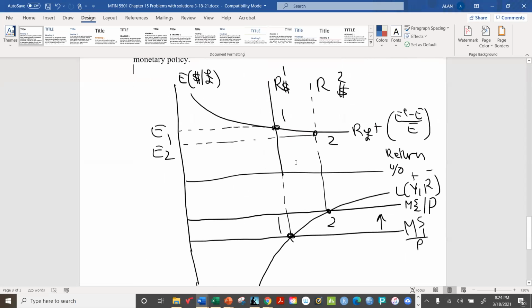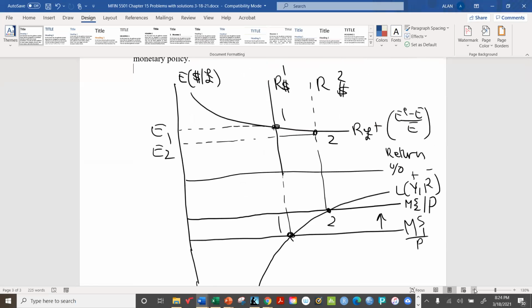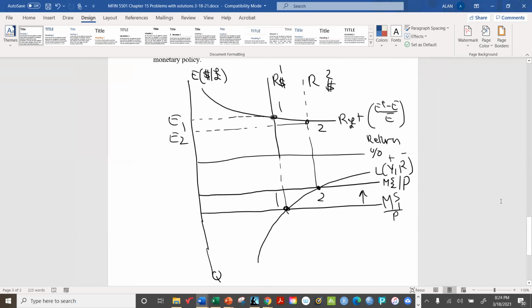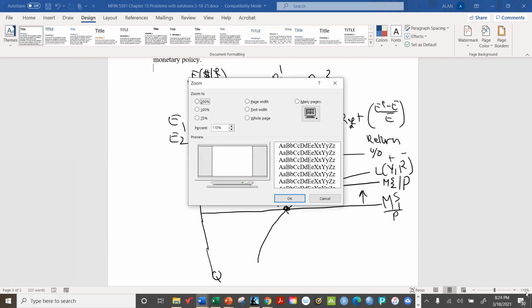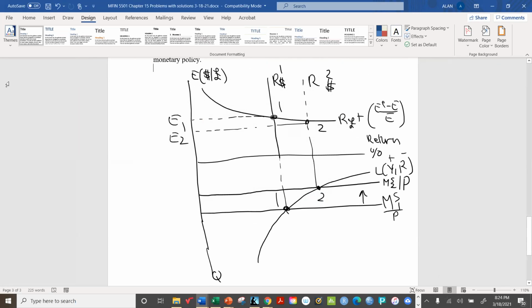God, what a mess. But we did it. Now, the last one, luckily for us, is a little simpler because it involves UK monetary policy. We do not have to worry about the US money market. So we can get away with our simple diagram, just the top part, just the foreign exchange market.